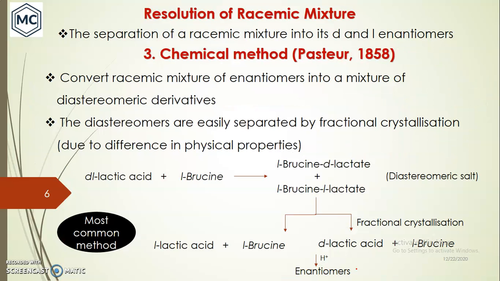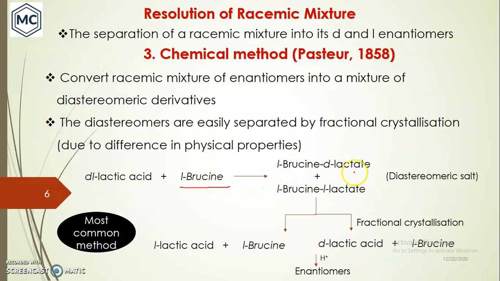So we have another method, that is the third method, the chemical method from Pasteur, who did it in 1858. What he did was convert a racemic mixture of enantiomers into diastereomeric derivatives, that is, DL-lactic acid. He treated it with a pure enantiomer, L-brucine.